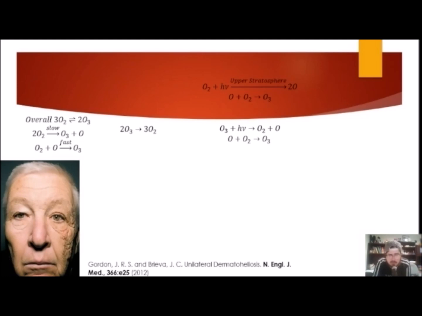And ozone will be consumed and reformed over many thousands of years. We've reached a steady state concentration where ozone, with all the UV light coming in, gets consumed and formed, and stays more or less at constant concentration.